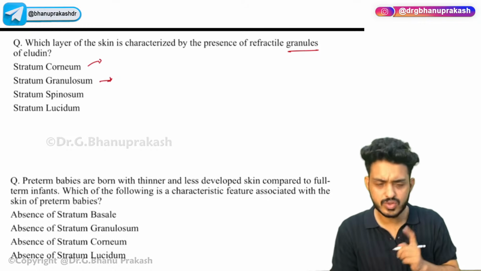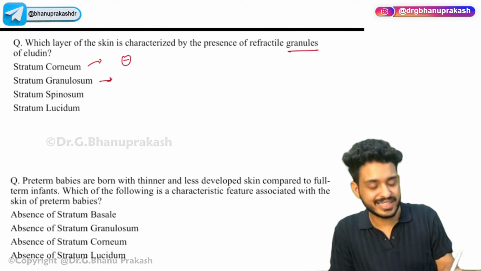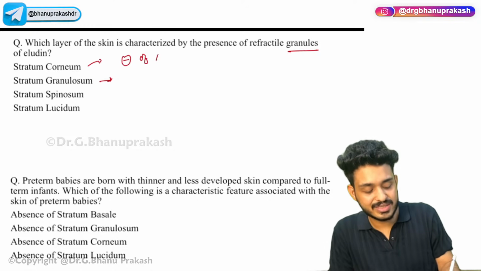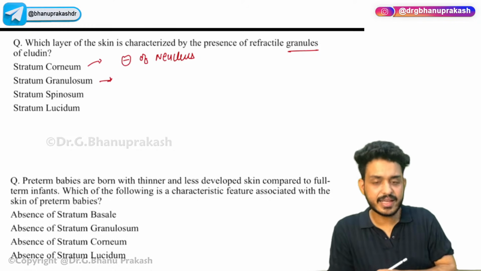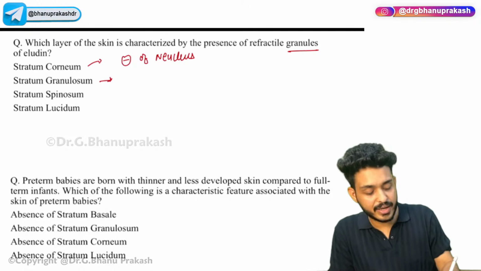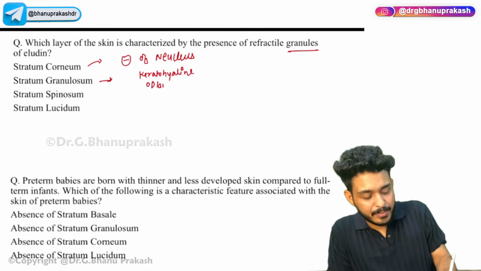So what have you studied in stratum corneum? We have already known that it is devoid of nucleus. That is the first thing. Let's revise. Second thing, in granulosum, we have seen two types of granules. One is keratohyaline granules. Second one is Odland bodies or lamellar bodies.